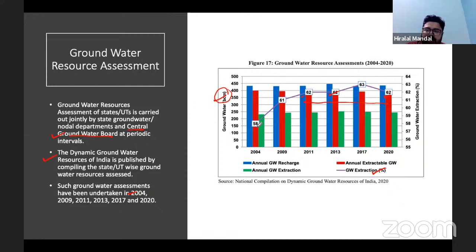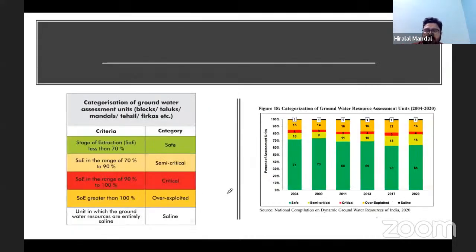Annual extractable groundwater, you can see here how it stands. What we need to keep in mind is that the annual groundwater extraction is 62% at this point of time, as reflected in this data.